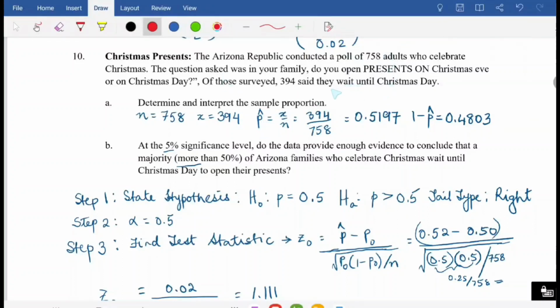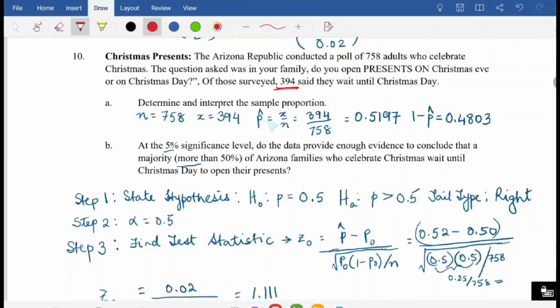So from the wording of the question, find what n is. N is the total number of adults who were given the survey. That's 758. And X is the number of respondents who said they opened their presents on Christmas Day. That's 394 here.